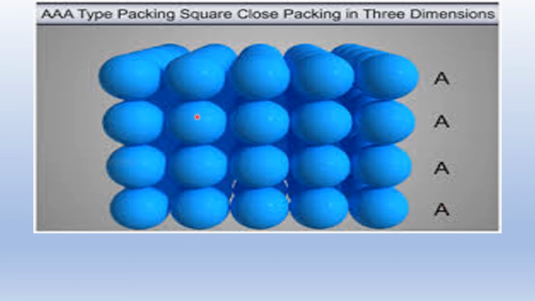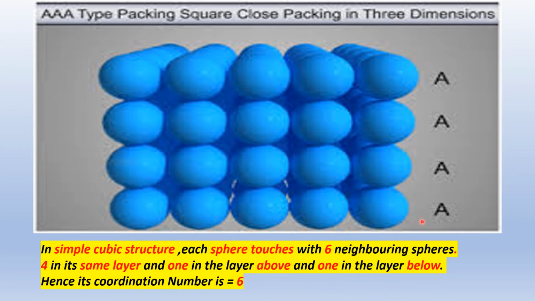With the help of this diagram you have to understand. Then the observation in the simple cubic structure: each sphere touches 6 neighboring spheres, 4 in the same layer, 1 above and 1 below. Hence the coordination number comes to 6.